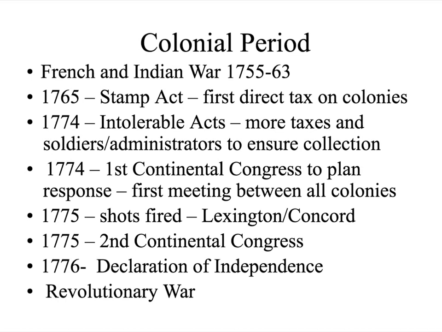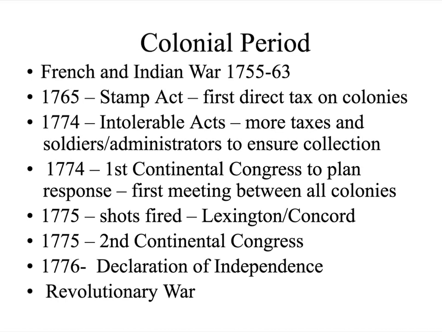But the problems of debt in the British government didn't go away, and so in the next decade there were other taxes levied. We know in 1773, for instance, the Boston Tea Party, over a tax that had been a part of all of this. And in 1774, the British Parliament passed what the colonists called the Intolerable Acts.